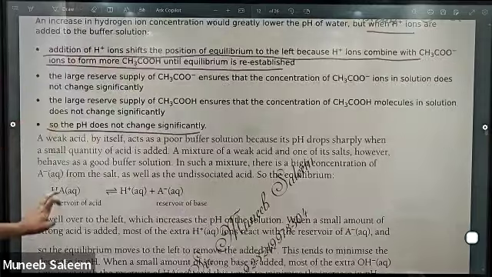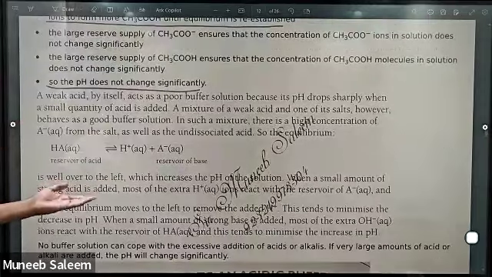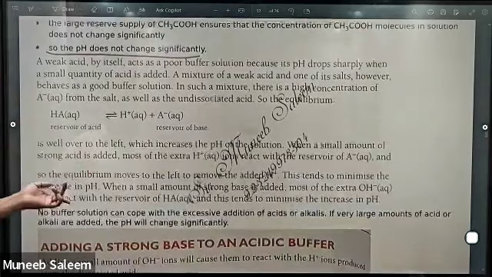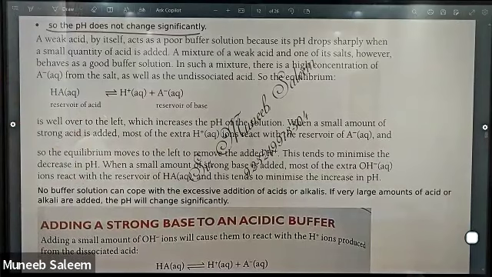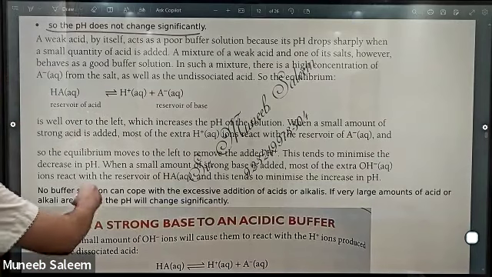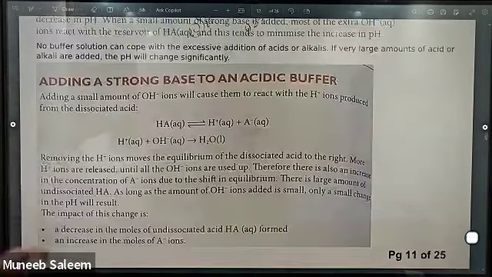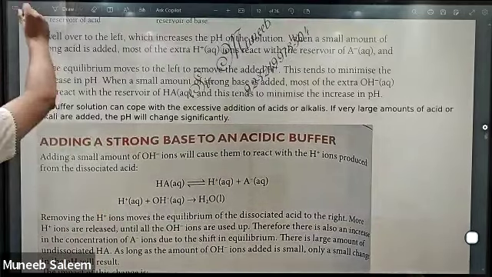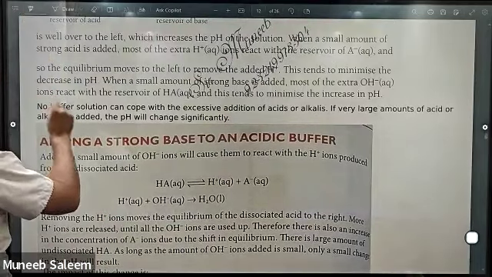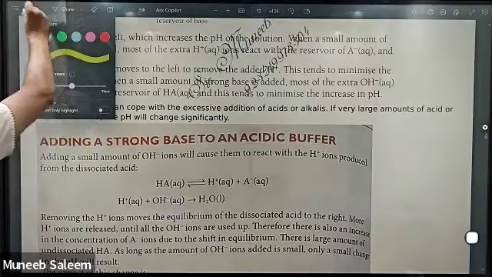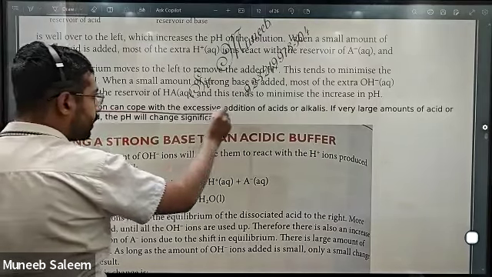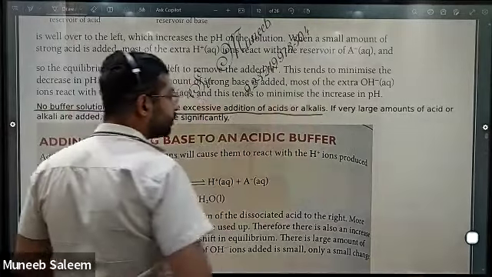There is another similar piece of information from the third resource book, conveying the same idea which we have already discussed. You can go through this information by yourself. One important thing here: no buffer solution can cope with the excessive addition of acids or alkalis.